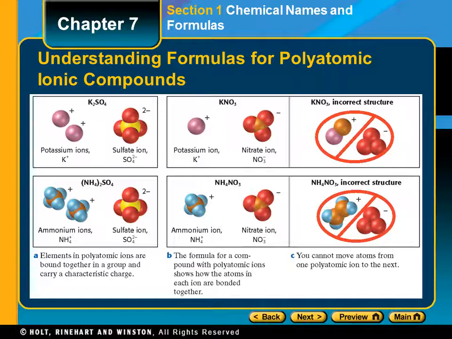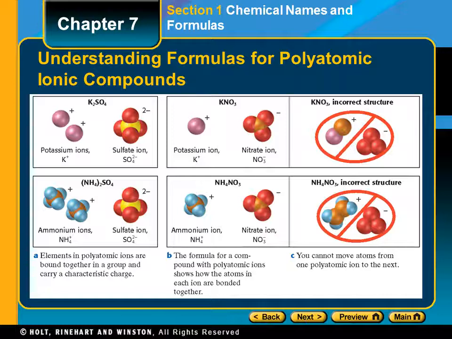This just helps us understand the formulas for polyatomic ionic compounds. K2SO4, you've got the sulfate ion, which is SO4 -2. You've got the potassium ions, which is the positive K, right? Two of those attached to one SO4. KNO3 is a nitrate ion bonded to a potassium ion.